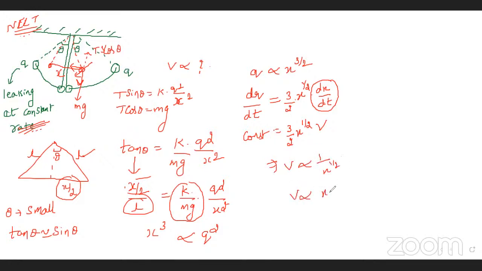If I take it to the numerator, it will be x power minus half. So how are velocity and x related? Velocity is directly proportional to x power minus 1 by 2. Please remember this concept. If the two pendulum bobs are approaching, that velocity is always directly proportional to x power minus 1 by 2.